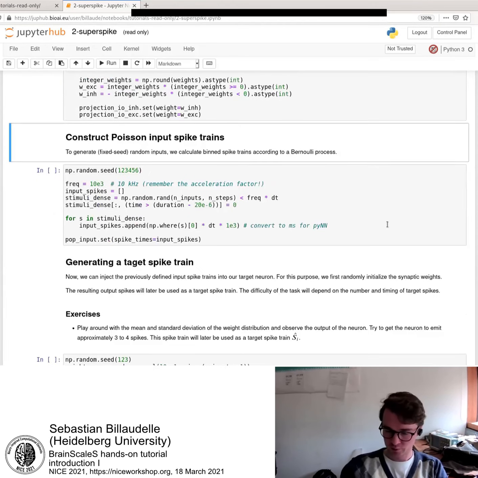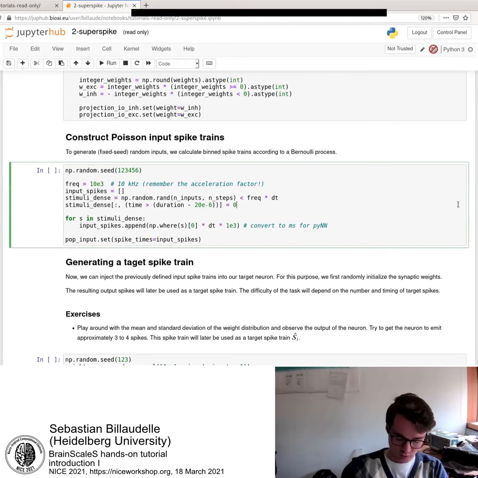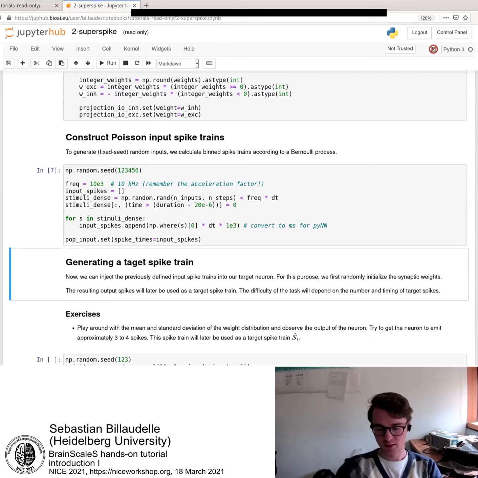And now define Poisson spike trains. And we do this by simply calculating a Bernoulli process on a kind of a dense vector of time bins. So we have defined these time bins before, these number of steps with this arbitrary time step.